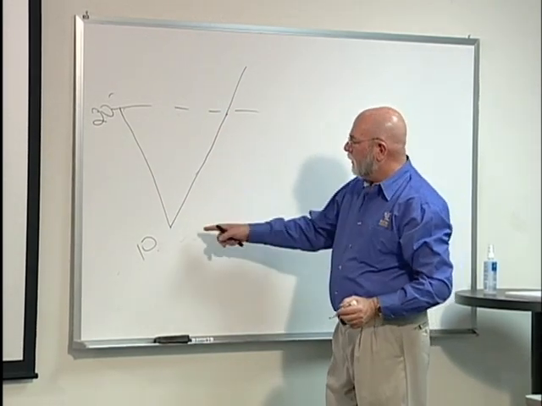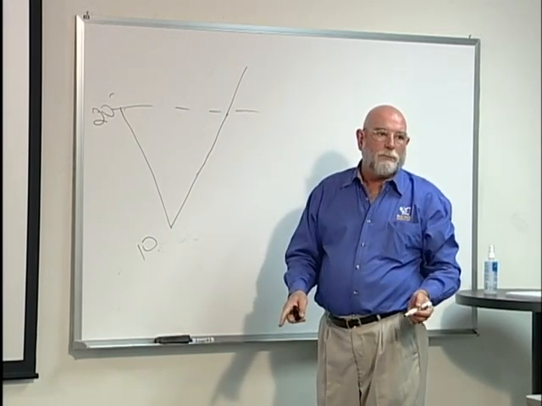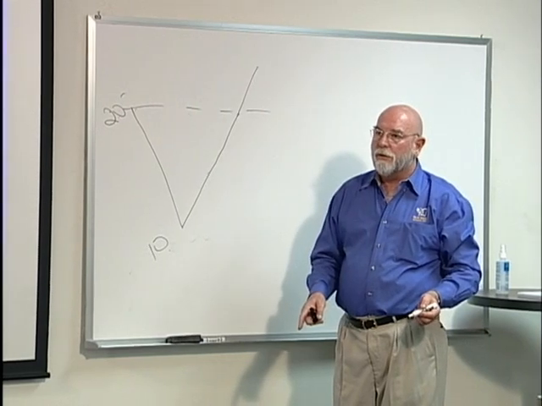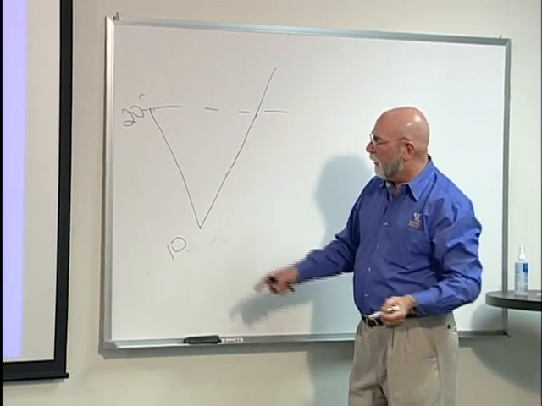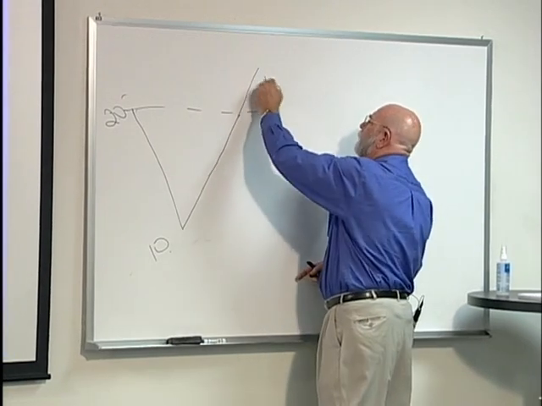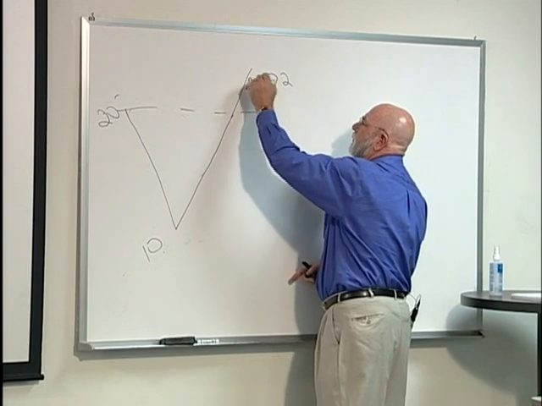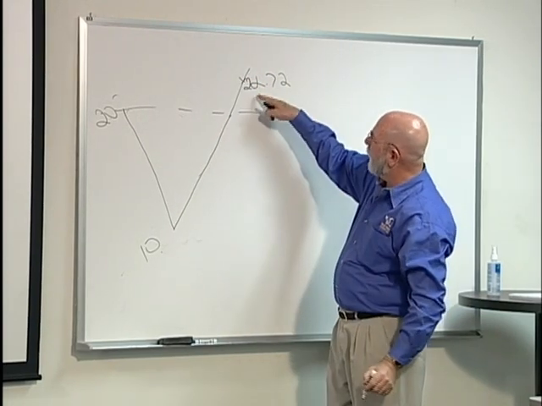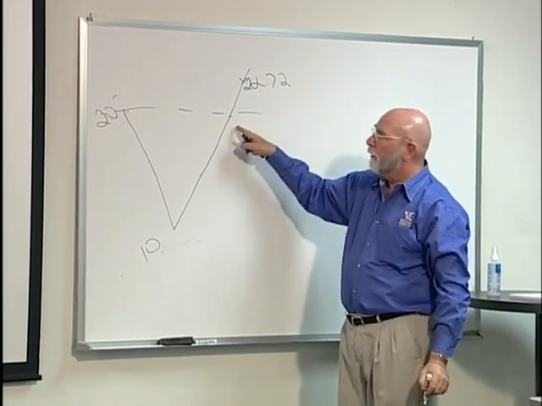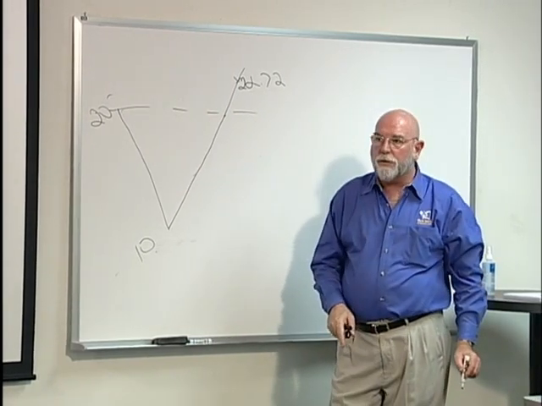Okay, so then we would say 10 times the first fib, 1.272, is 12.72. 12.72 plus 10 would be 22.72. So it has now extended more than 100% beyond the 20 by $2.72. Everybody with me on that?